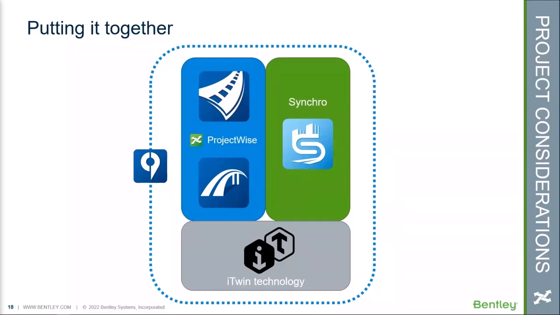In addition to that, iTwin technology, building our iModels so that we have a model that everybody can agree upon as the design, we wanted to also leverage Synchro for the construction side of things. Interestingly enough, all of this content can also then be accessed under OpenCities Planner.